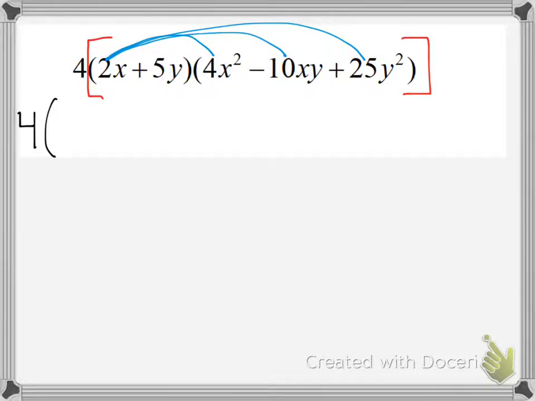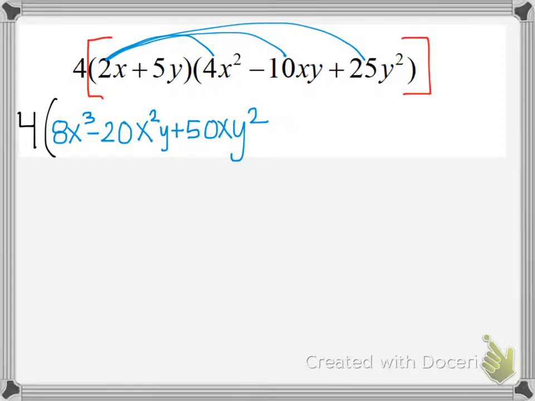2x. When I do 2x times 4x squared, I'm going to get 8x cubed. When I do 2x times minus 10xy, I'm going to get minus 20x squared y. And when I do 2x times the plus 25y squared, I'm going to get plus 50xy squared.